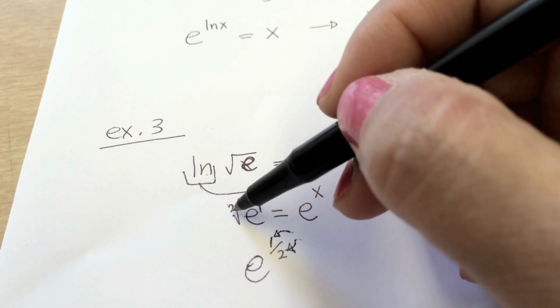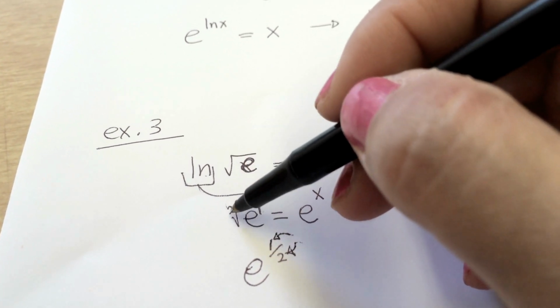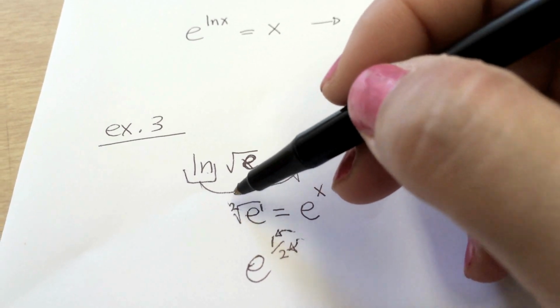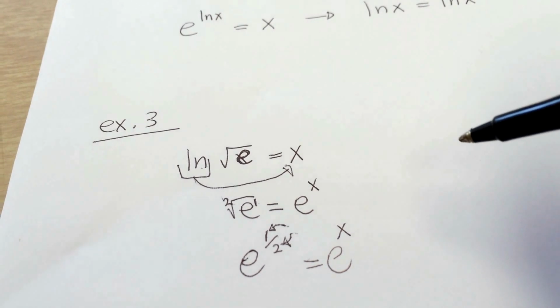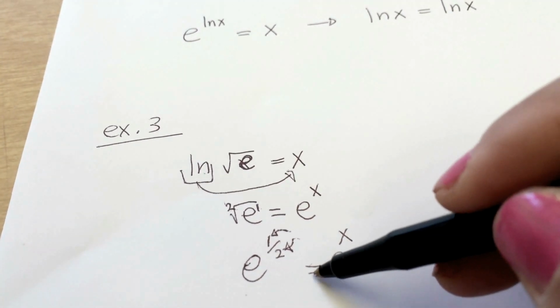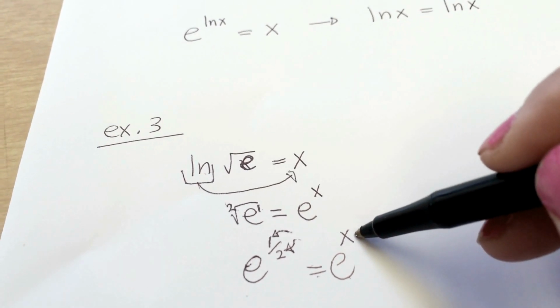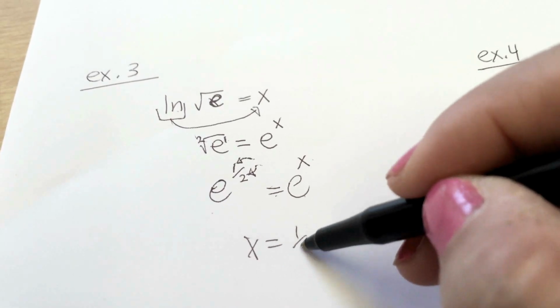Normally we don't put 2 for the square root, but from that power on, like the cube root and the fourth root, we do put an exponent right there, okay? So equals e to the x, and now we're going to actually solve for x. So since the base numbers are the same, and we're saying that it's equal, then x has to equal a half right there. So in this case, x is equal to 1/2.